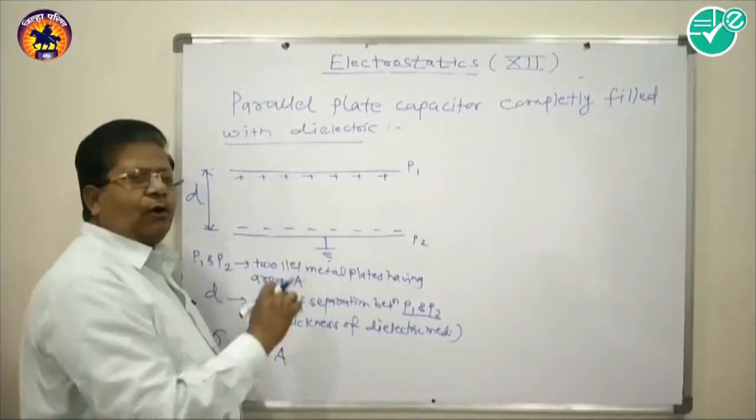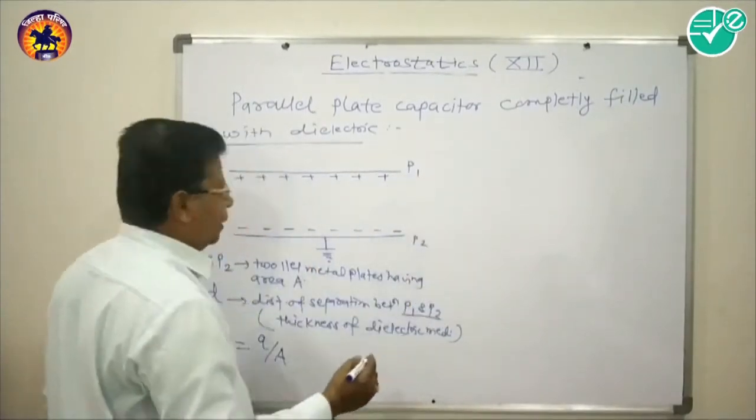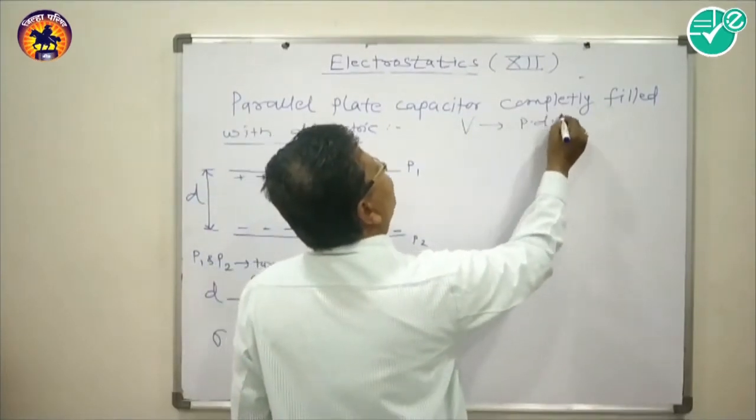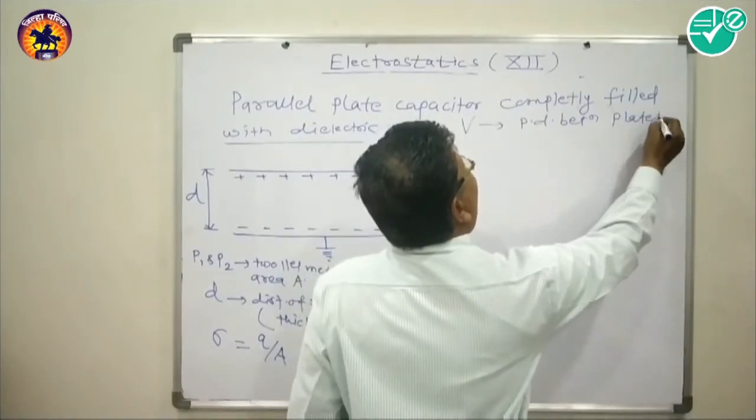Due to charge on the two plates of the capacitor, let us suppose that V is the PD between the plates of the capacitor.